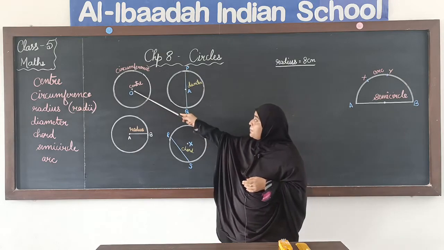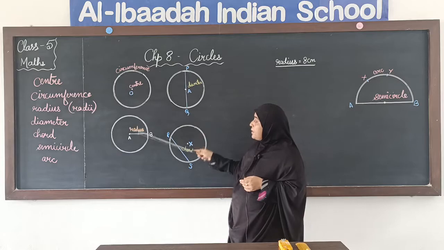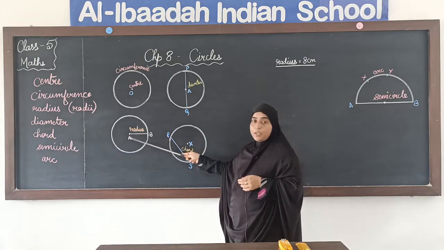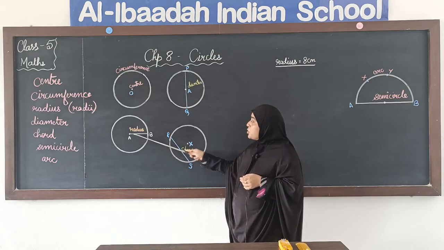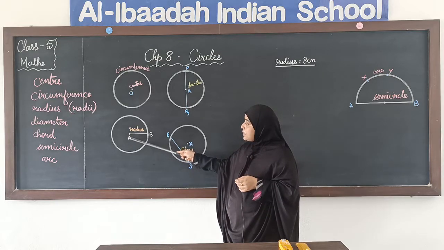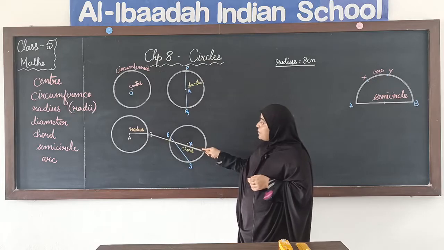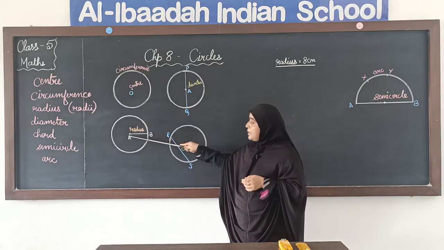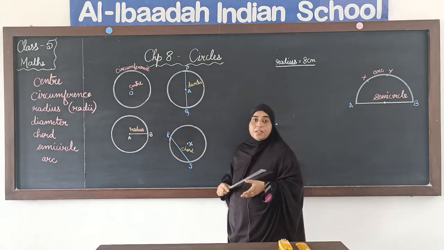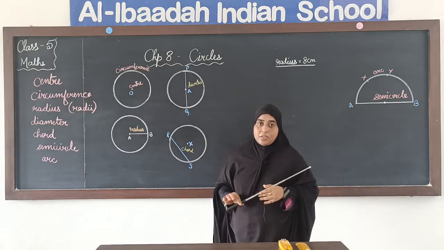We can use any capital letter to name the points. So the center of the circle I have named A, and the point on the circumference B. This distance, or the line from A to B, is called the radius, okay.